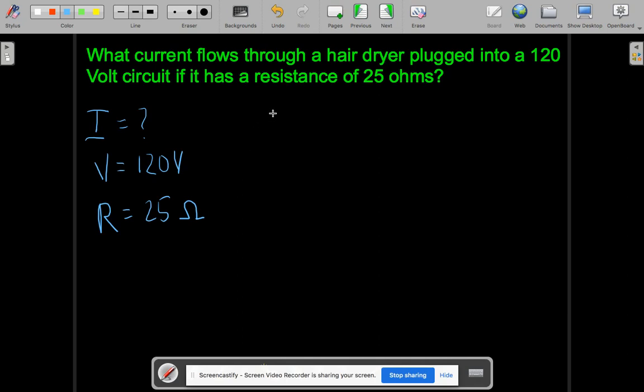So again, V equals I times R. Our V is 120 equals our I, which we don't know, so that's going to stay I, times our R, which is 25. So I times the 25 there, we have to divide by 25.